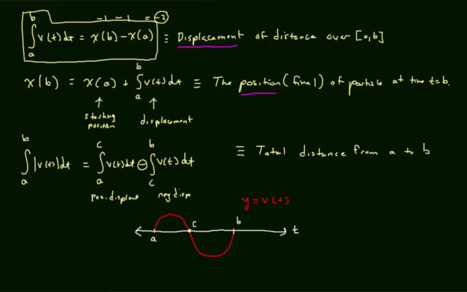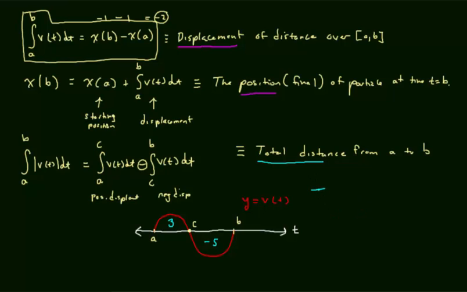So like an illustration, we could say that the integral from A to C was equal to 3. That's the integral was positive 3. And then the integral from C to B was, let's say, a -5. Not the area, but the integral was -5. And if I wanted the total distance, I would have to take the 3 and then subtract the -5 to get 8. So here it is, total distance.